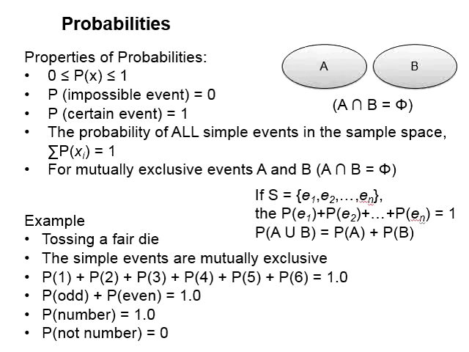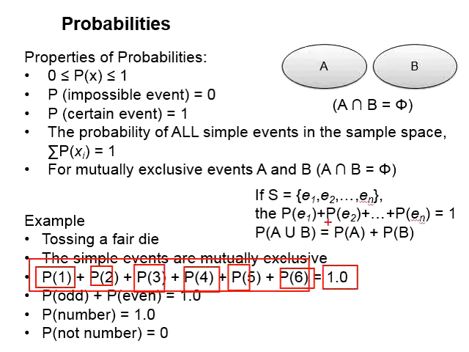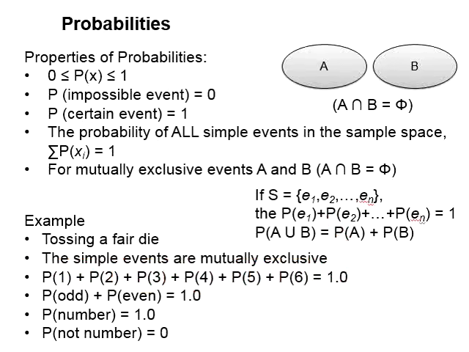Under such circumstances, the probabilities of getting 1, 2, 3, 4, 5, 6 when summed up shall equal 1.0. This means that when you toss a fair dice, you will definitely get one of the numbers from number 1 to number 6.